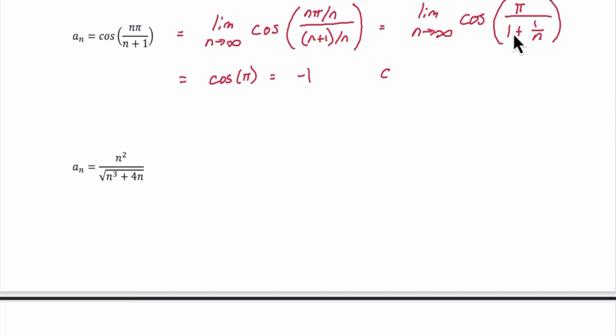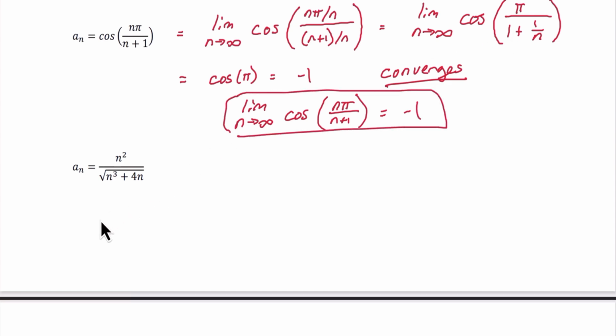So this is a convergent sequence. This one converges, and the limit as n approaches infinity of cosine of n pi divided by n plus 1 converges to -1.